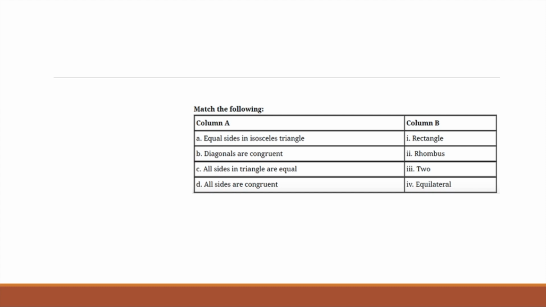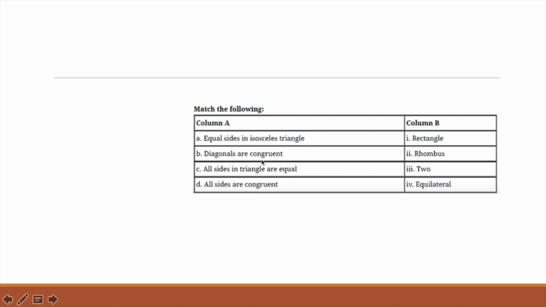Now coming here, we will see this one: equal sides in an isosceles triangle. Isosceles triangle means two sides equal. So that is coming in option 3. There are two equal sides in an isosceles triangle.